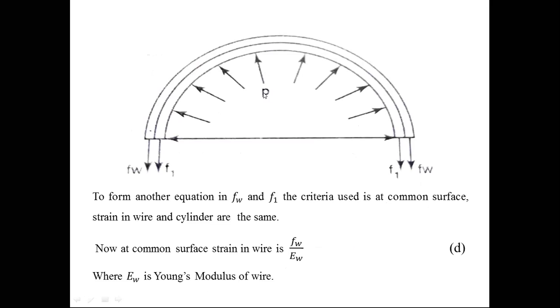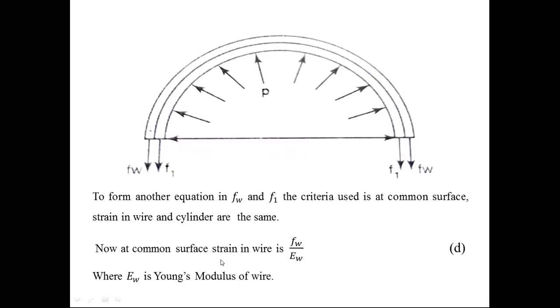When you admit the internal pressure of the cylinder, Fw is also tensile nature, and F1 in the cylinder is also tensile nature. Initially, one is tensile and another is compression. But after admitting the fluid into the cylinder, F1 is the hoop tensile stress. So to form another equation in Fw and F1, the criteria is at common surface. This is the common surface.